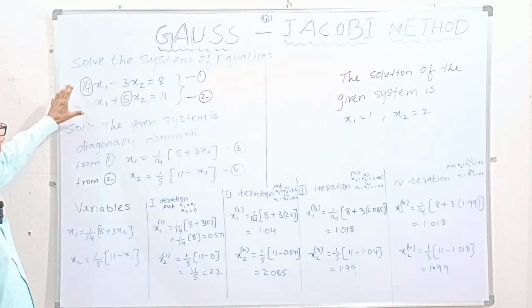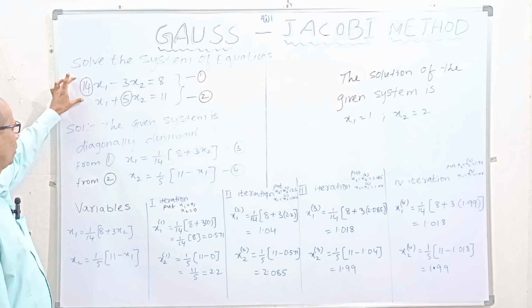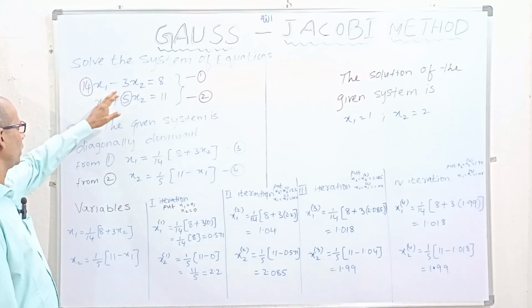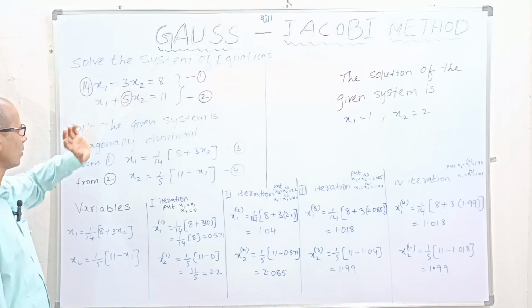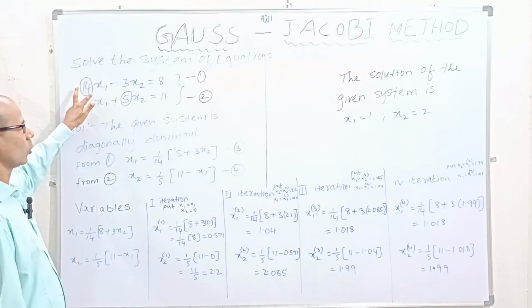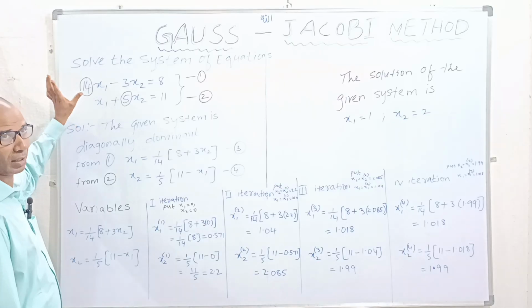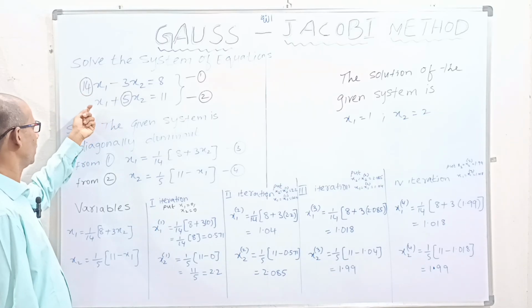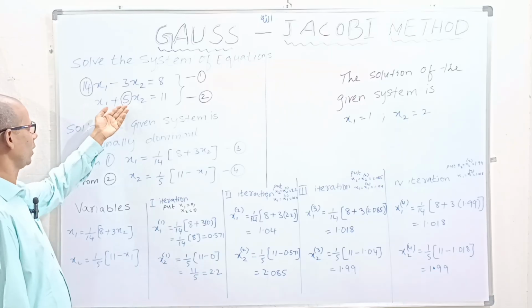Now if you see these two equations, in the first equation, the coefficient of x1 is 14 and the coefficient of x2 is minus 3. Among these two coefficients, the x1 coefficient is the bigger one. In the second equation, the coefficient of x1 is 1 and the coefficient of x2 is 5.